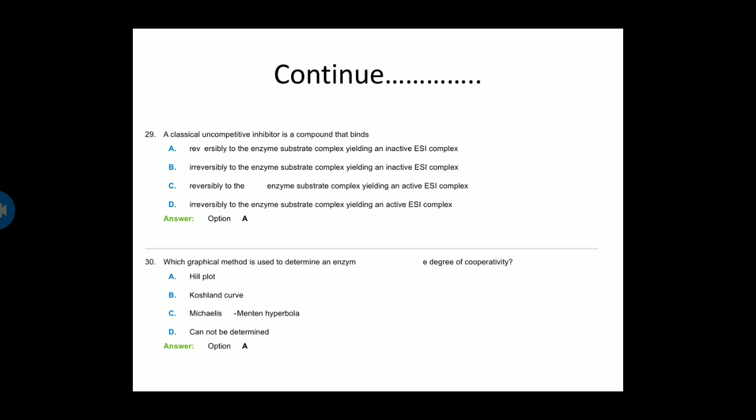So option number A, reversibly to the enzyme substrate complex yielding an inactive enzyme substrate inhibitor complex, is the right answer.